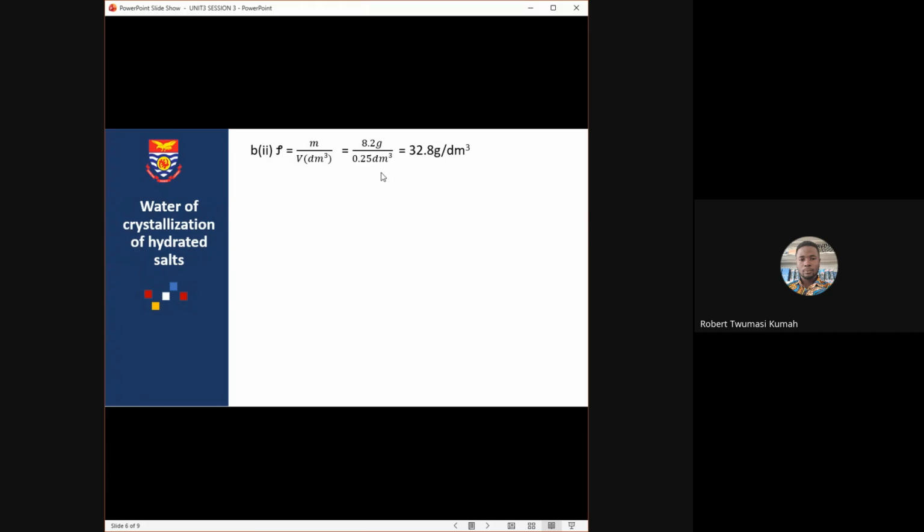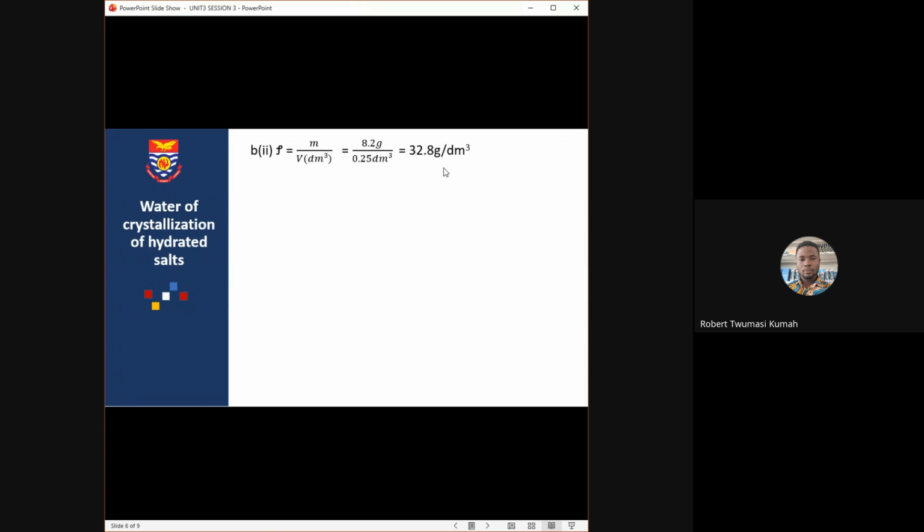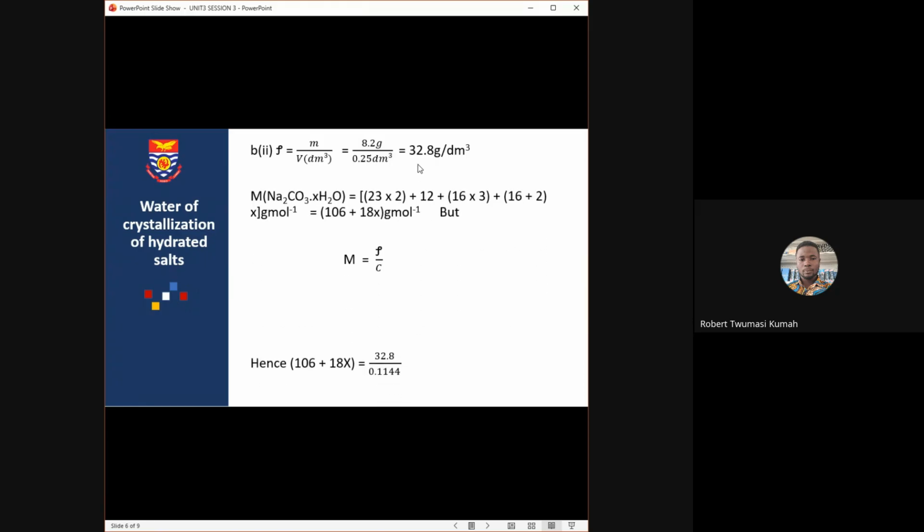Now, like I said earlier, we have amount concentration here, we have mass concentration here. So from this, we can find the molar mass. Remember, we said mass concentration is equal to molar mass times amount concentration.